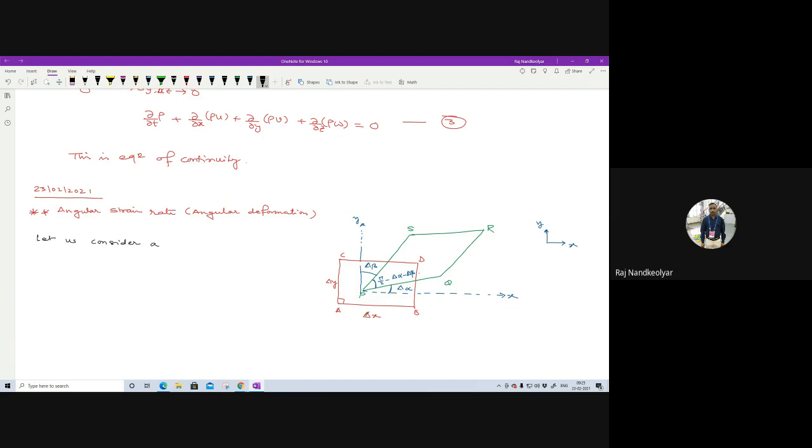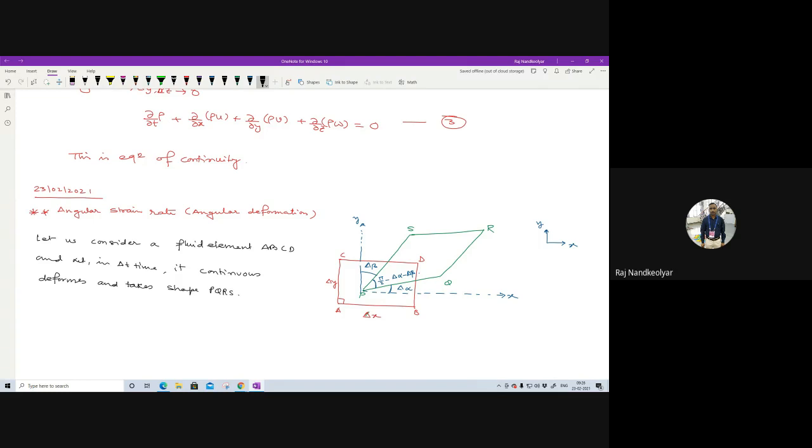Is that fine? So let us consider a fluid element ABCD, and let in delta t time it continuously deforms and takes the shape PQRS.